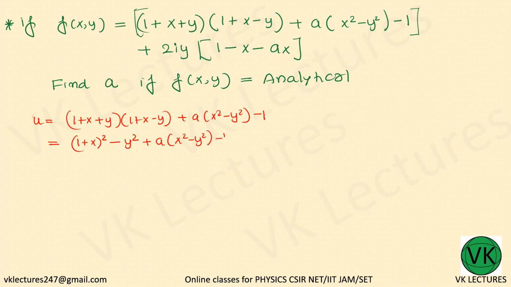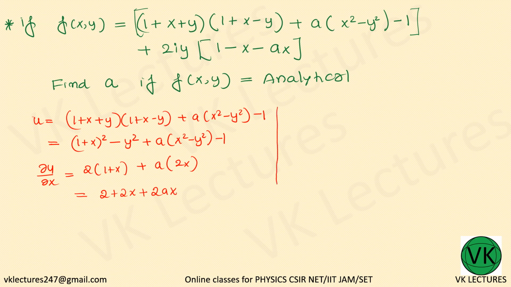Now let's find dou u by dou x, which gives us 2 into 1 plus x, this term goes, plus a times the derivative of x square, which is 2x. Separating it, that's 2 plus 2x plus 2ax. So that's dou u by dou x.